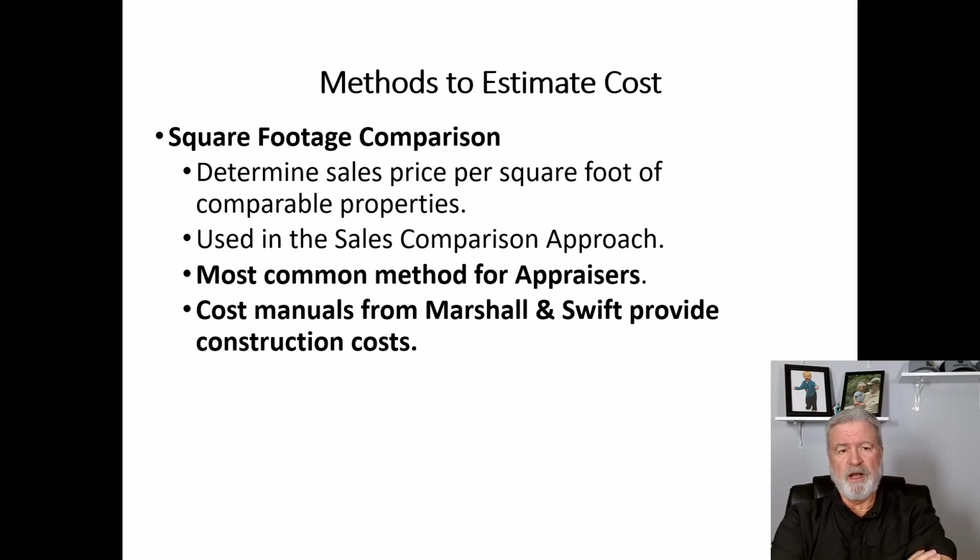It's a very comprehensive cost manual, and probably one of the most common nationwide is the Marshall and Swift construction cost manual. We use that a lot. I will tell you, it is very expensive, and they have to redo it every year, obviously, because costs change. So this is a very expensive book, or you can get it automated on the computer if the appraiser chooses.